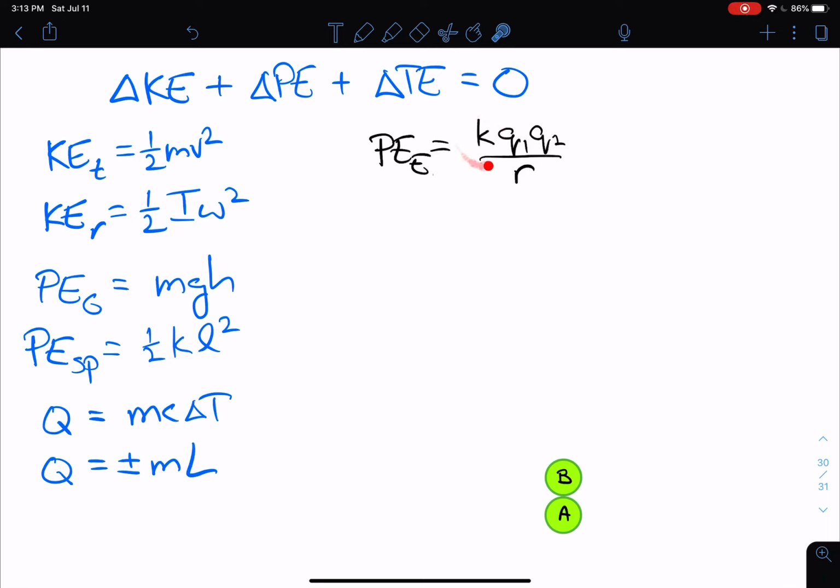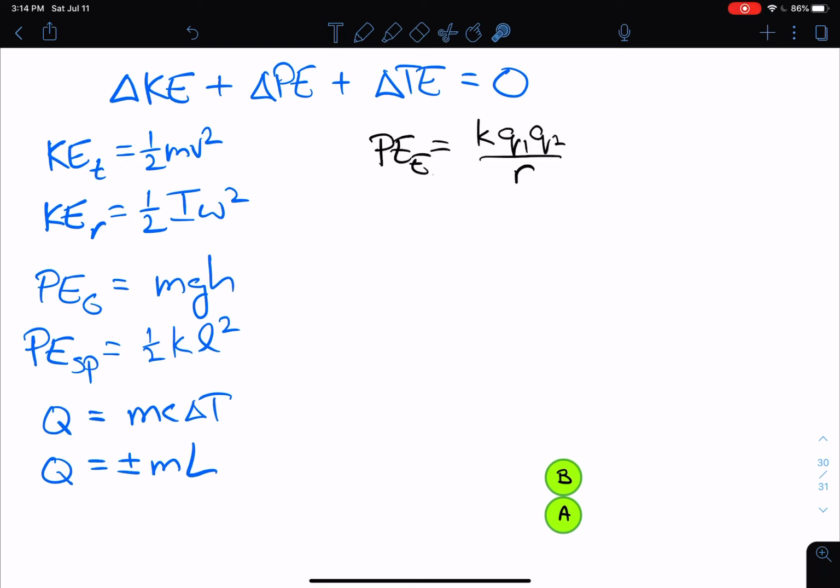Q1 and Q2, of course, these are lowercase q's, so polarity matters for the charge. r is the distance between the centers of the two objects. These could be point charges or some kind of spherical distribution, like two balls that are charged, of course.